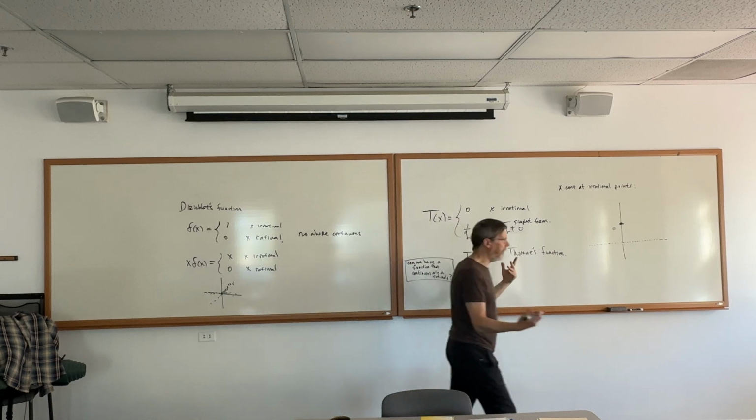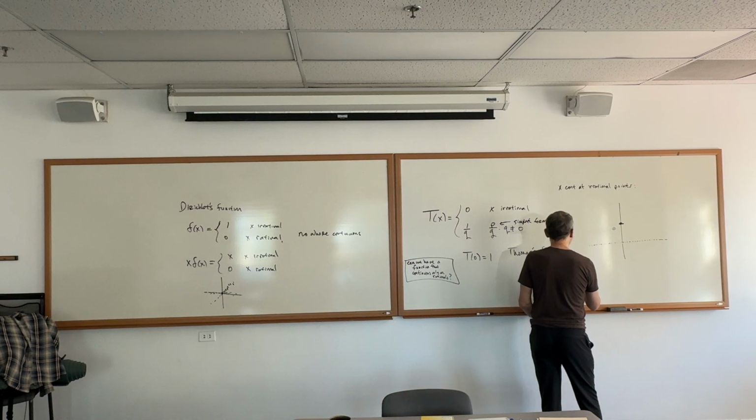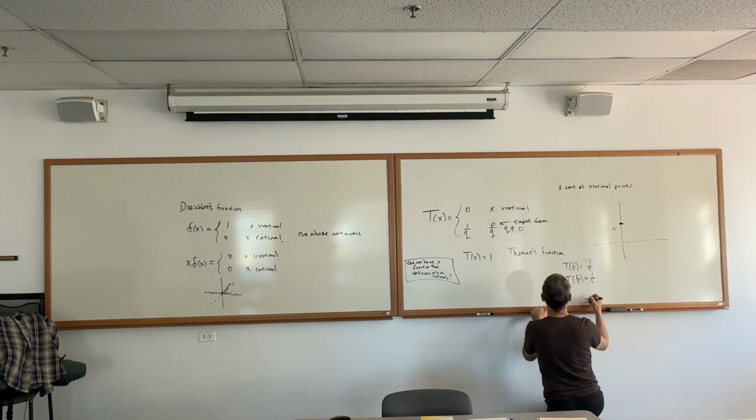So let's look at some examples. If I ask what is T of 1/5, that's just going to be 1/5. If I ask what's T of 2/5, that's also 1/5.